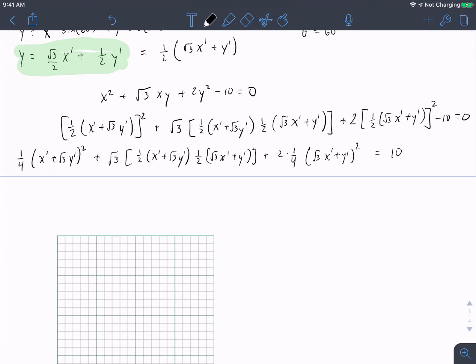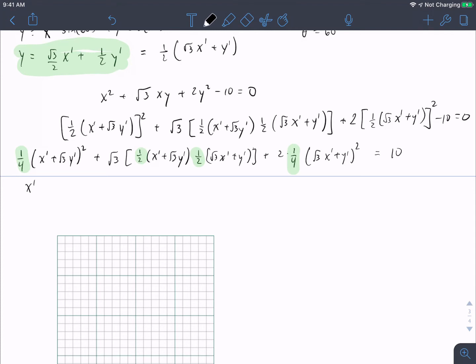And now one thing I want to show you is there's a 4th here, there's a 4th here, and then these two multiplied will give me a 4th also. So I'm just going to multiply by 4 to get rid of those. And then I'll expand these too.